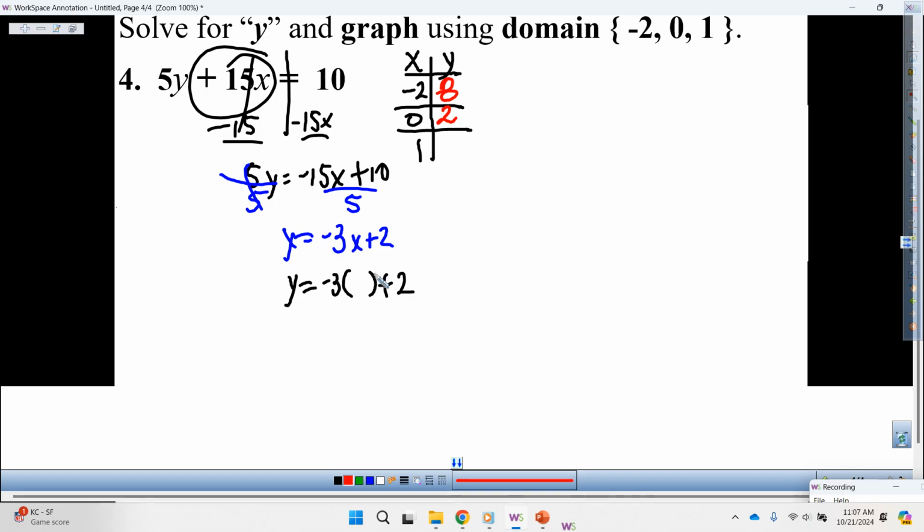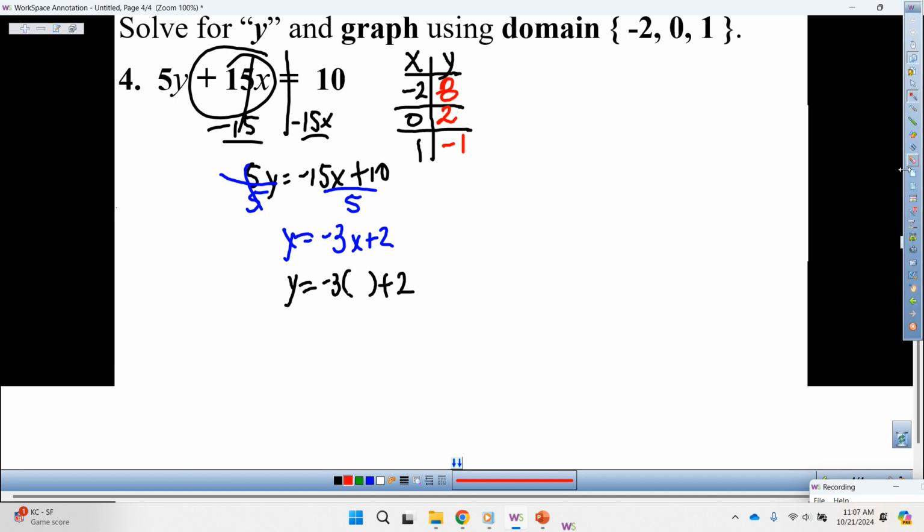Not 8? Oh, negative 2 times negative 3 is positive 6, plus 2, that is 8. All right? And last but not least, 1. What is 1 times negative 3? Negative 3 plus 2, negative 1.